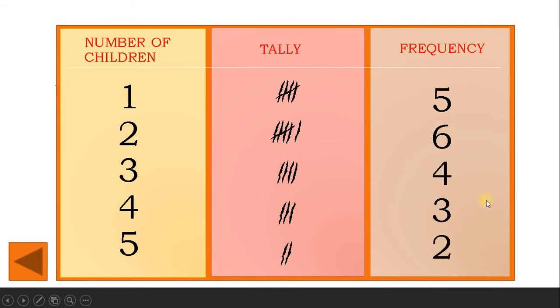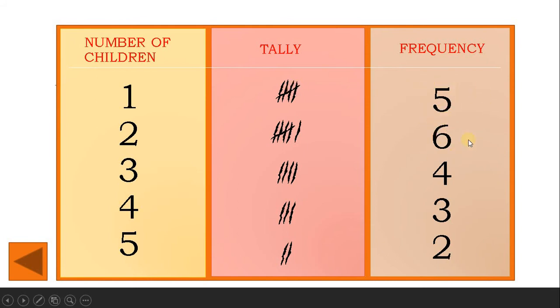So this is a frequency table of our first discrete type. Here, you can easily understand how the data is arranged. For example, for the number of children 1, we have 5 families that have 1 child.